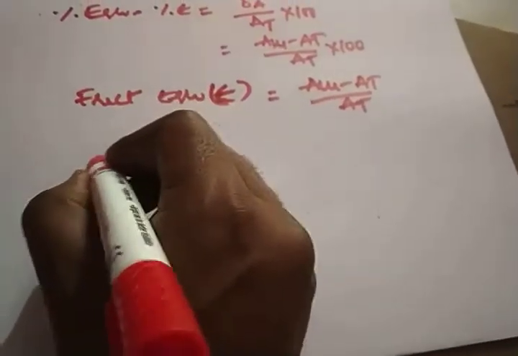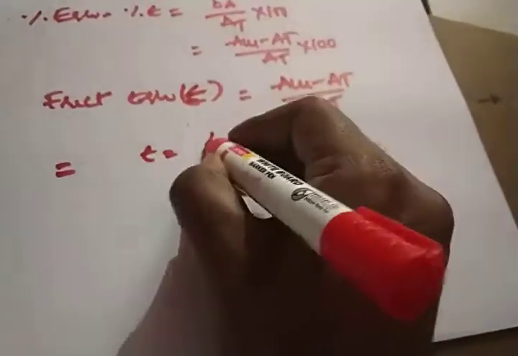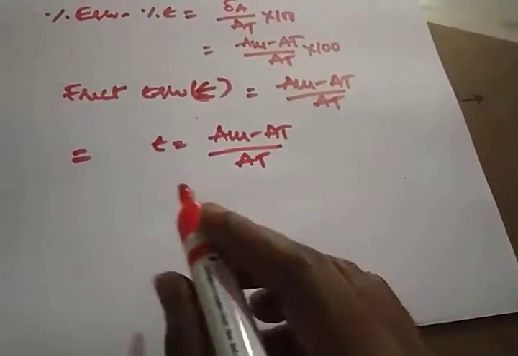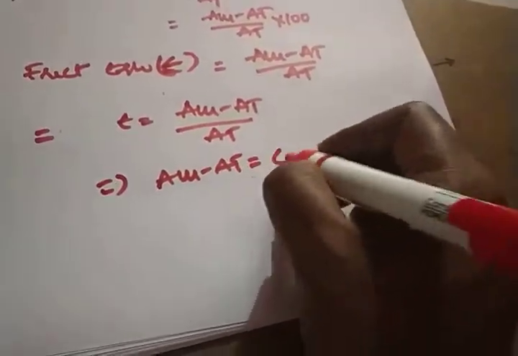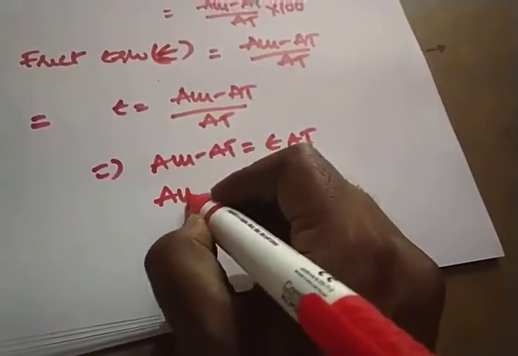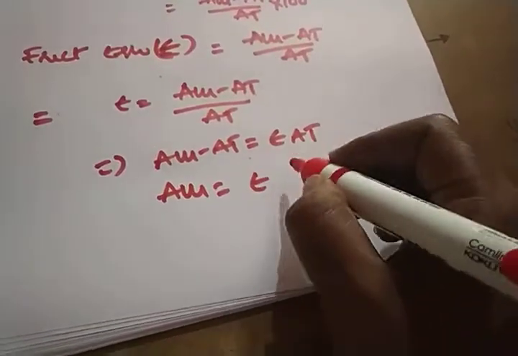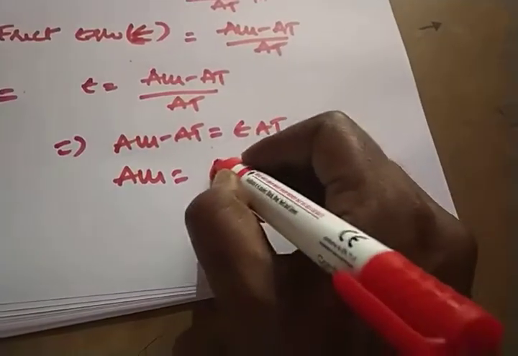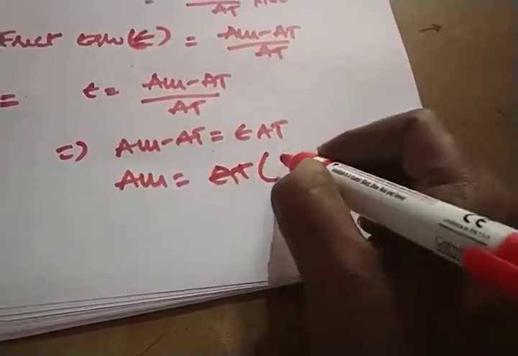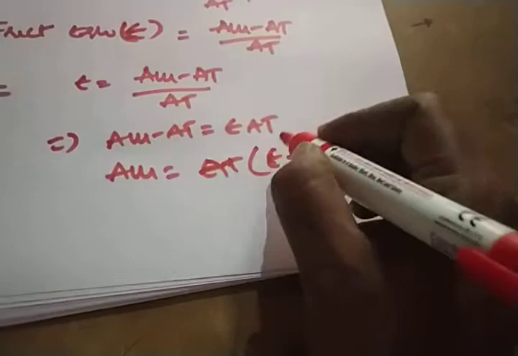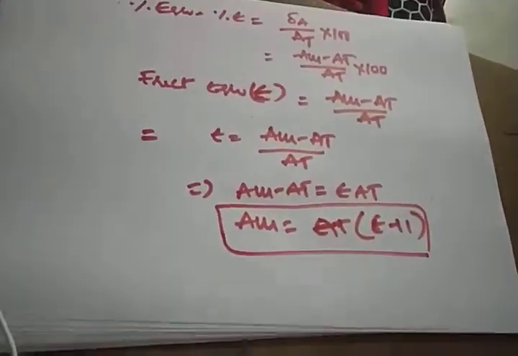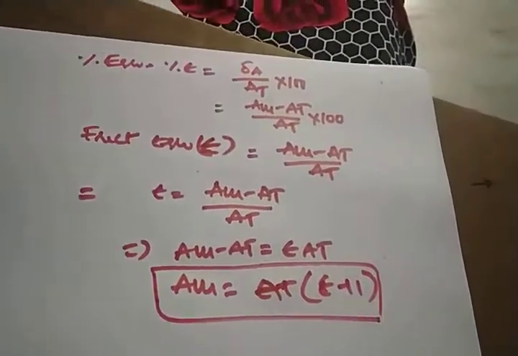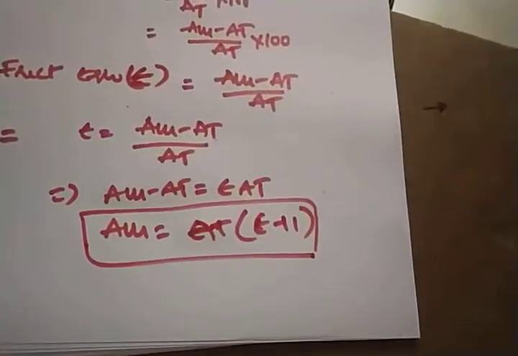We have the formula epsilon equal to (AM minus AT) by AT. From this, AM minus AT is equal to epsilon AT. So AM is equal to AT into (epsilon plus 1), taking AT common. If you know the fractional error, it is easy to find the measured value. This is one type of formula.